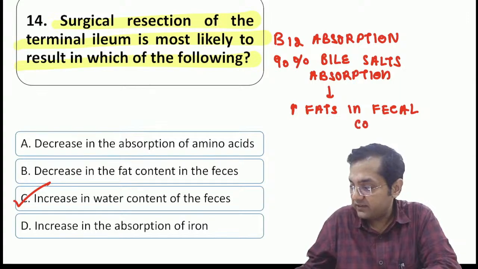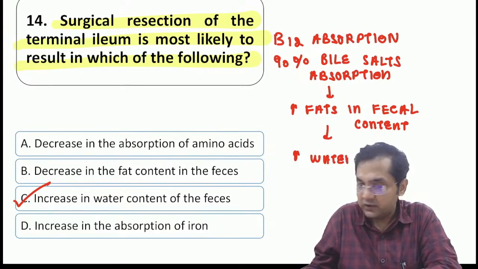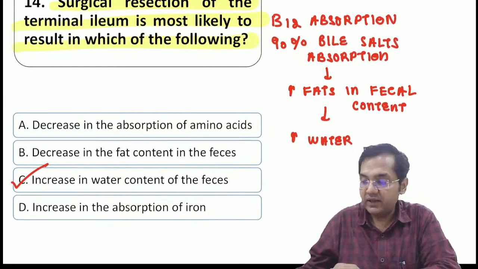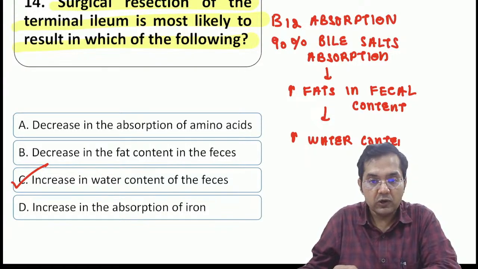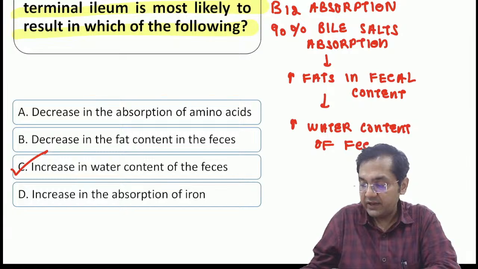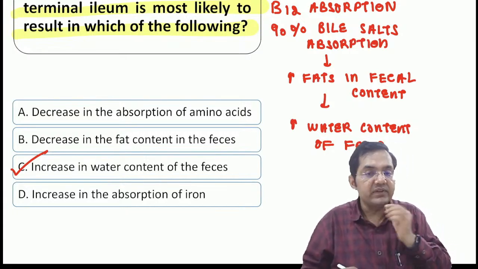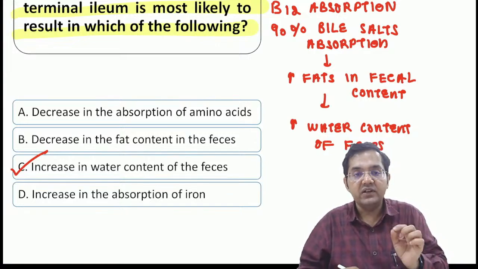More fats in the fecal content means increase in water content of the feces, right? So that is why it was a tricky question and required your knowledge that 90% of the bile salt absorption occurs in terminal ileum.